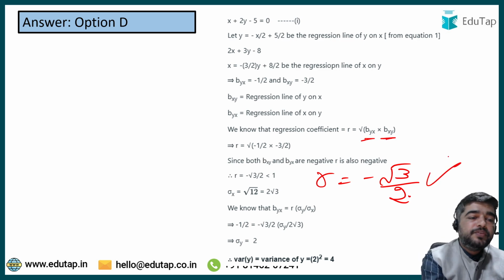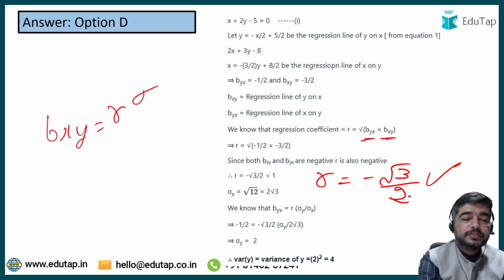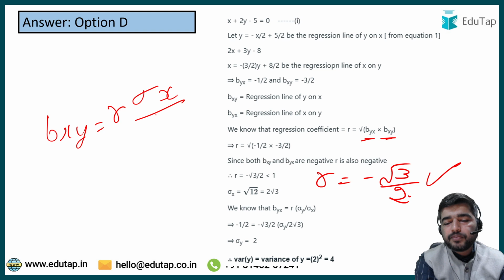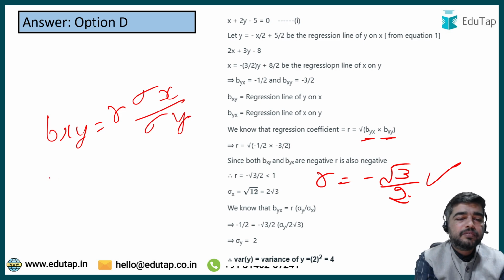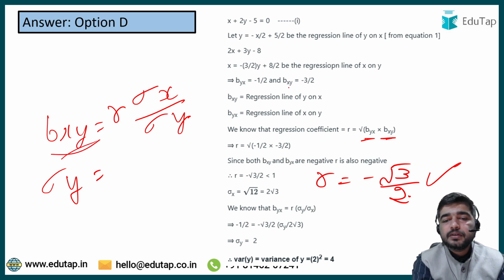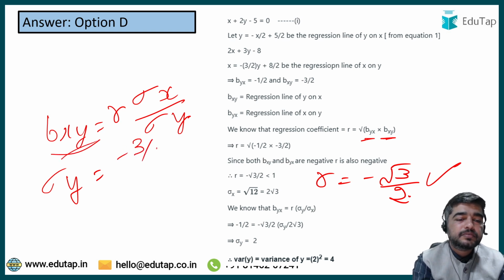Now we know bxy is equivalent to r into sigma x over sigma y. You can calculate from any of these. We are calculating for xy. b x on y is minus 3 by 2.